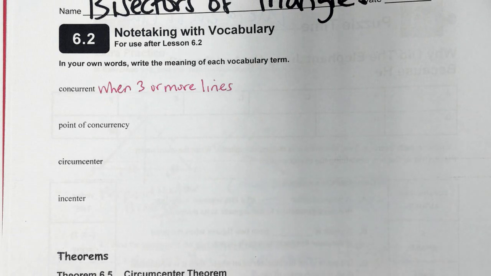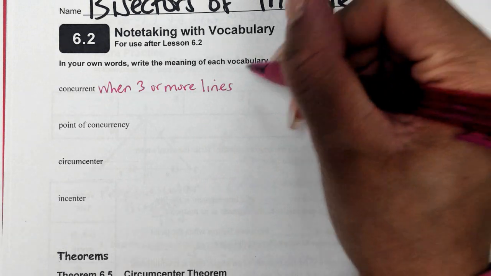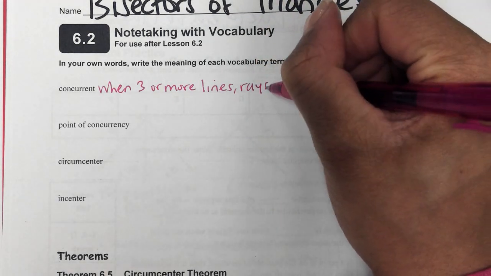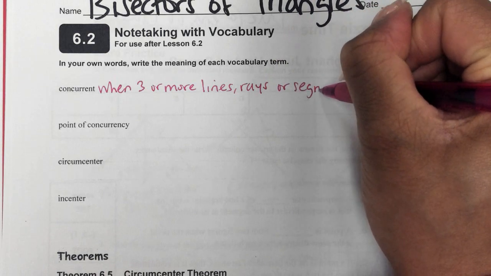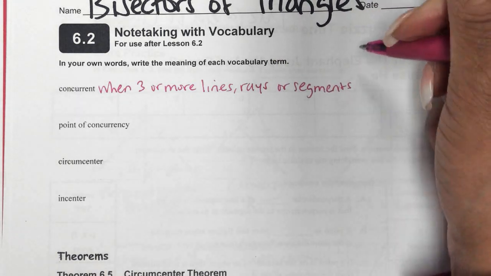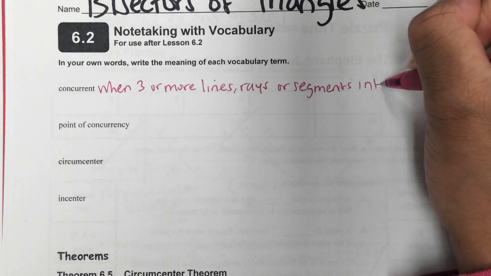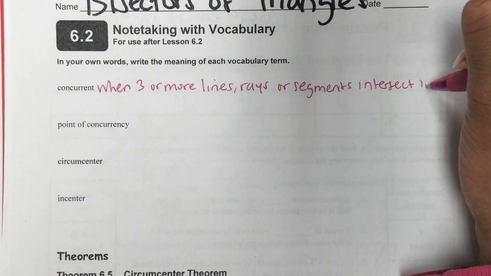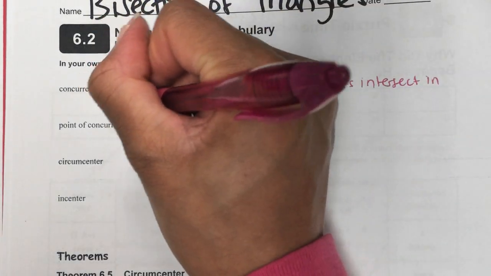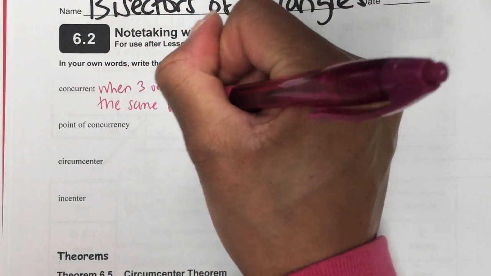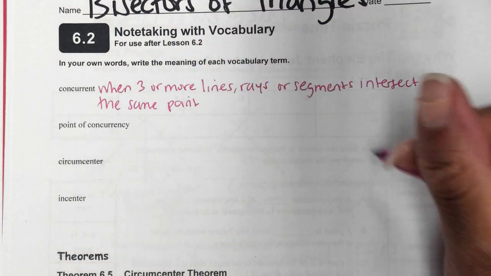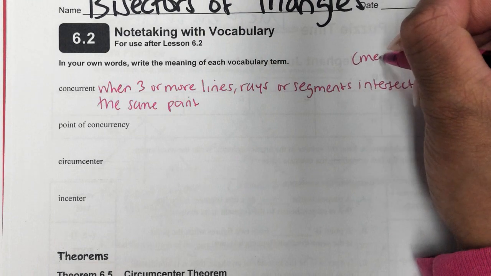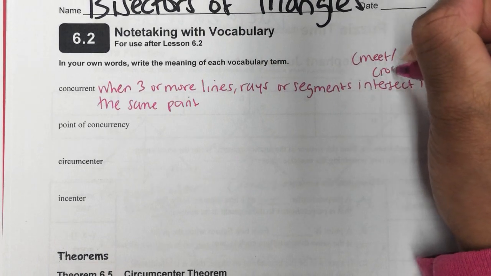So concurrent is when three or more lines, rays, or segments intersect in the same point. So, keyword here we might have forgotten is intersect. Intersect does mean to meet or cross.